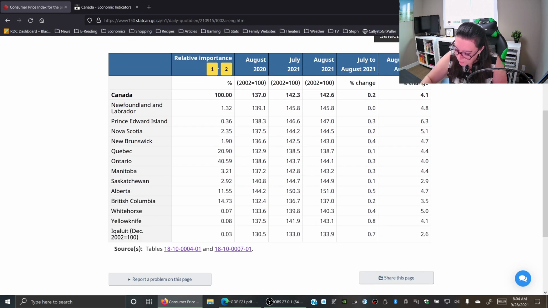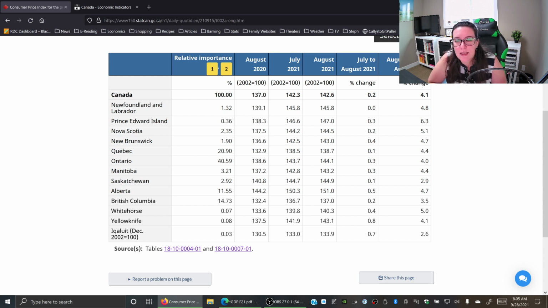While this is a summary showing the most recent information, we can see the CPI for August 2021 for Canada was 142.6. So what does that tell us? It tells us there's been 42.6% inflation since the base year, and the base year, according to this chart, was 2002.